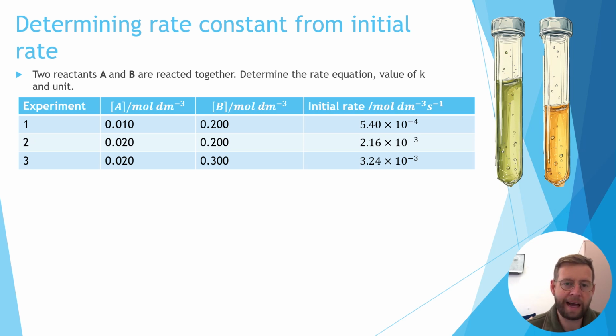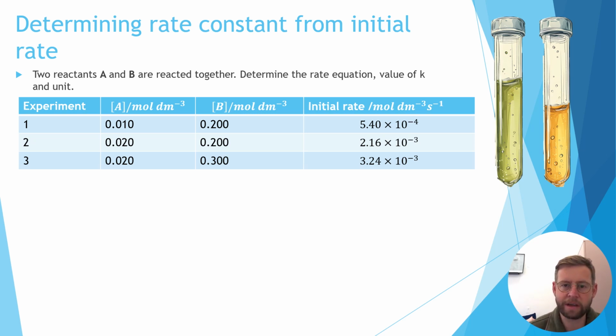What we must figure out is the dependency that the rate has on the changing concentration. So let's look at experiment 1 and compare it to experiment 2. You can see that the concentration of B has stayed the same, but the concentration of A has doubled. What effect has that had on the initial rate? You can see that the initial rate has quadrupled.